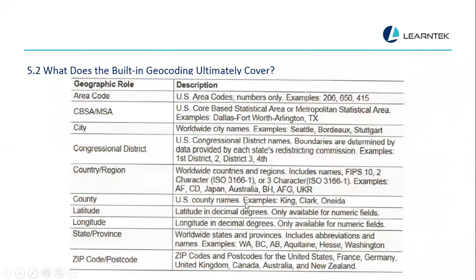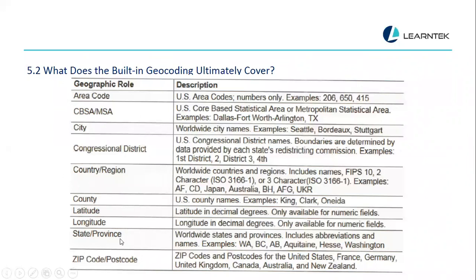For all the other geographical roles like city, country or region, state or province, and zip codes, these are for the US and also international. For different international locations also, Tableau can automatically detect and generate lat long by default. For example, for Bordeaux in France or Seattle in the US, Tableau can automatically generate lat long for these city names.